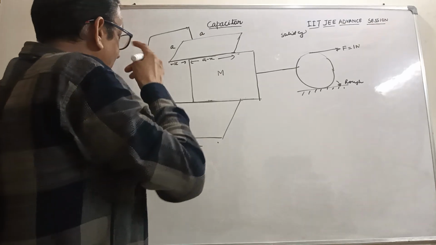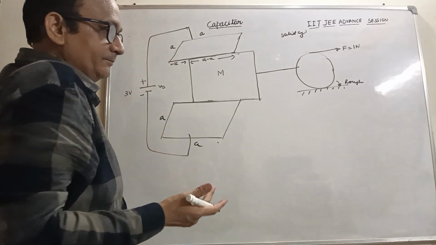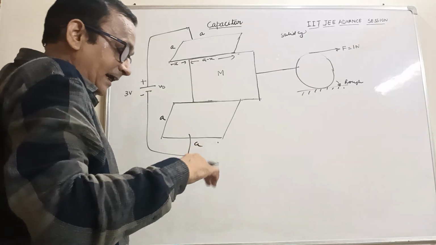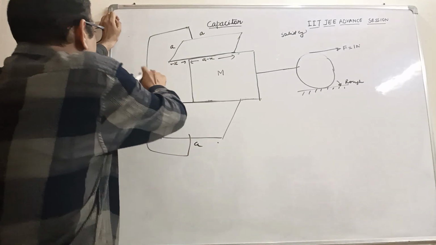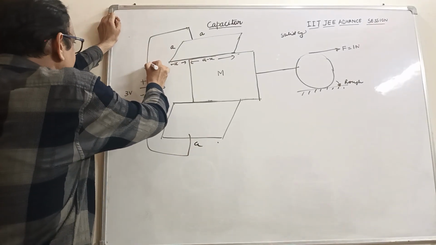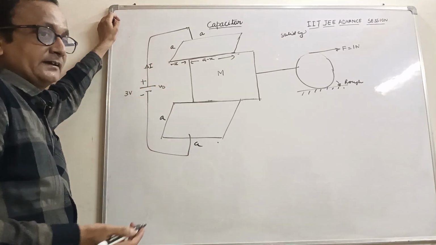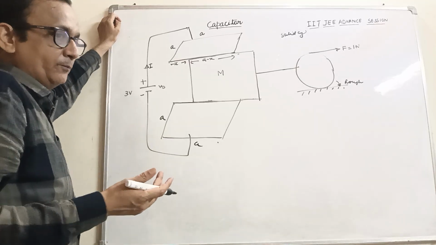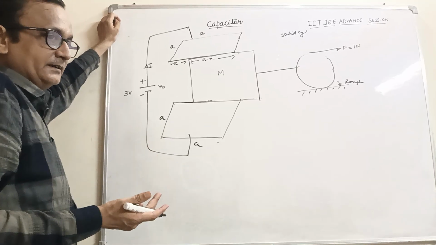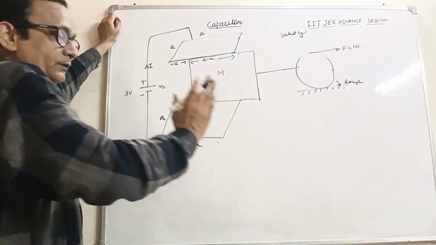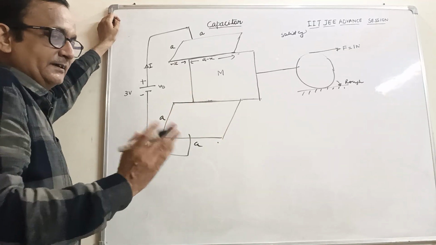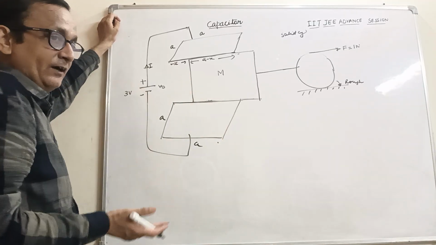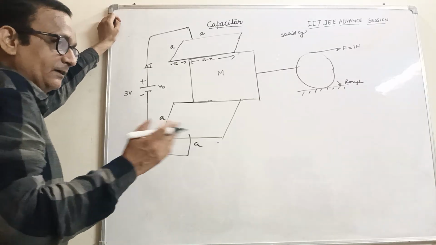We have to find the current versus time graph. The current flowing here in this scenario gives a linear graph of current versus time, and we have to find the slope of this linear graph.